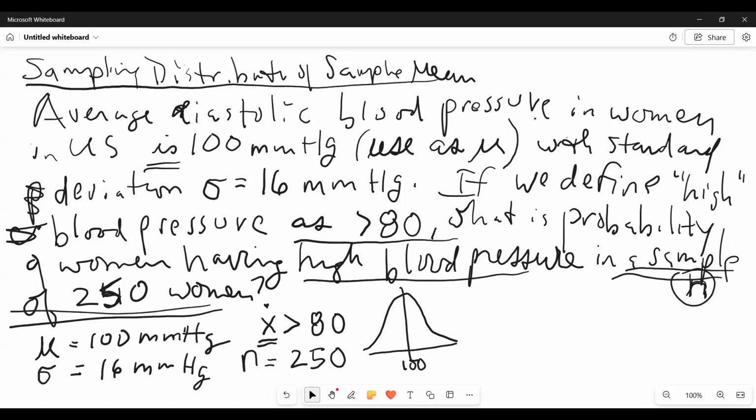So we want to figure out what the sample's sigma over root n is, because we're going to be using that in our calculations. So if we do sigma over root n, we're going to get 16 divided by the square root of 250.